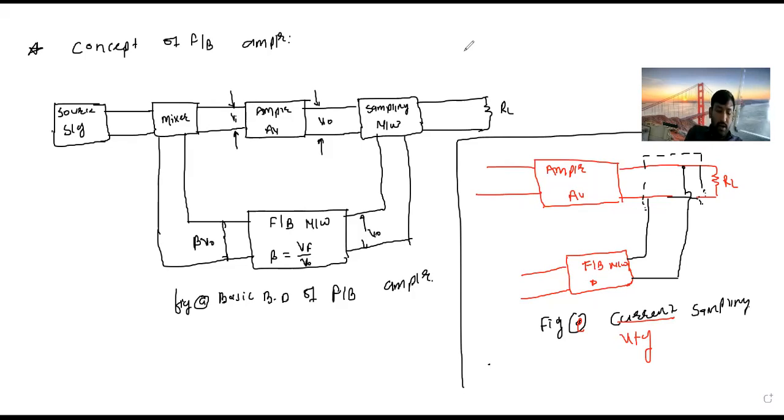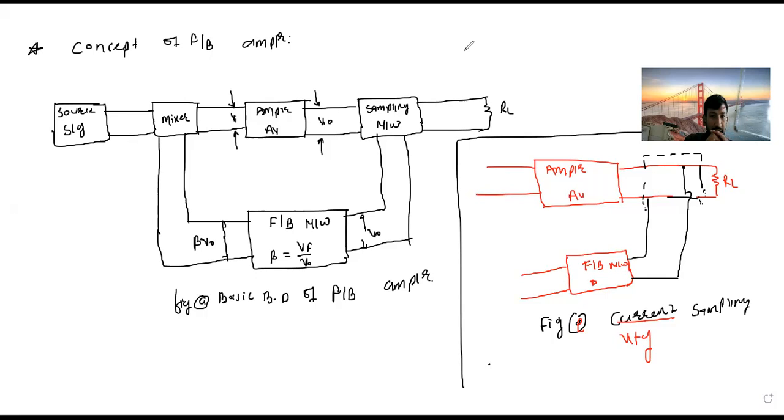The output of the feedback network, which has a fraction of the output signal, is combined with the external source signal that is given into the input amplifier. See how it is connected. The output of the feedback circuit is connected with the external source. Through what is it connected? Is a mixer block used? Yes, sir. For the mixer there are two types of connection: shunt mixer and series mixer, right? That is block diagram B and C, right?